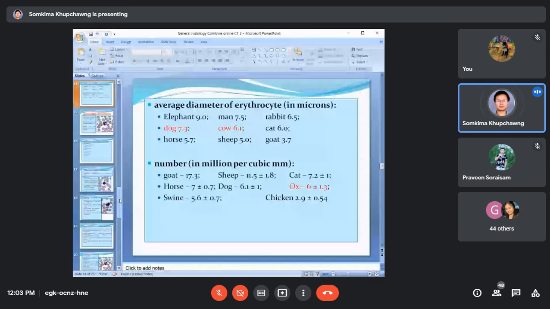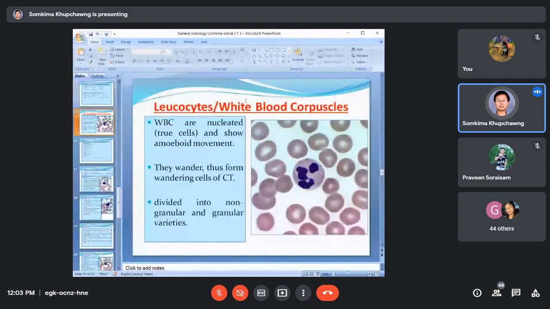Next is the white blood corpuscles or the leukocytes. WBCs are true nucleated cells, and by amoeboid movement they wander, thus they are the wandering cells of the connective tissue. From the bloodstream, they penetrate the wall of the blood vessels and then go to the connective tissue.